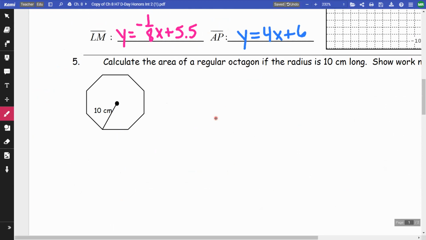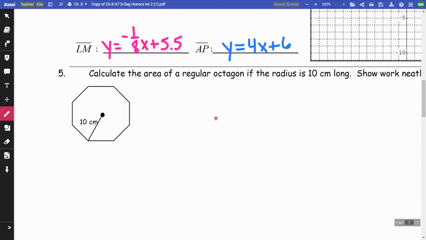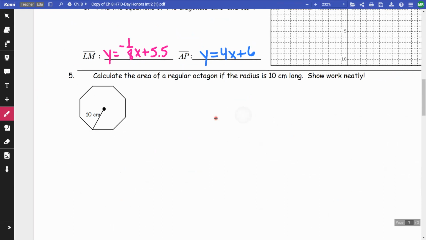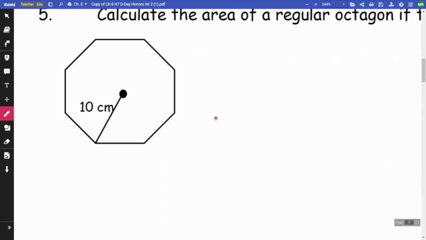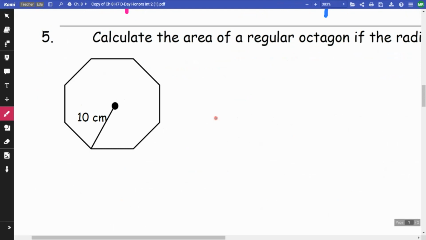On number 5, we have an octagon with a radius of 10, and we want to find the area. So when I draw out my triangle, again, this will be isosceles.